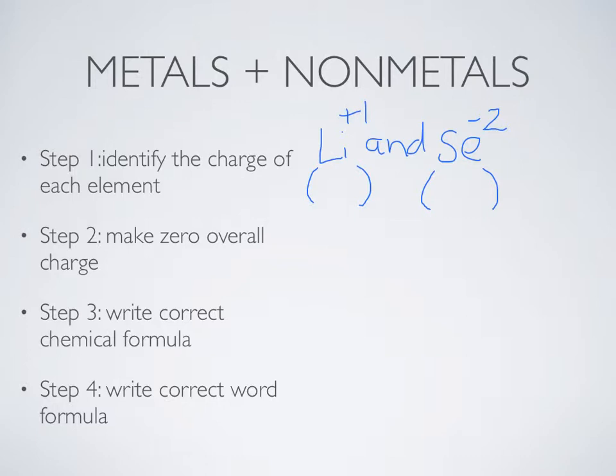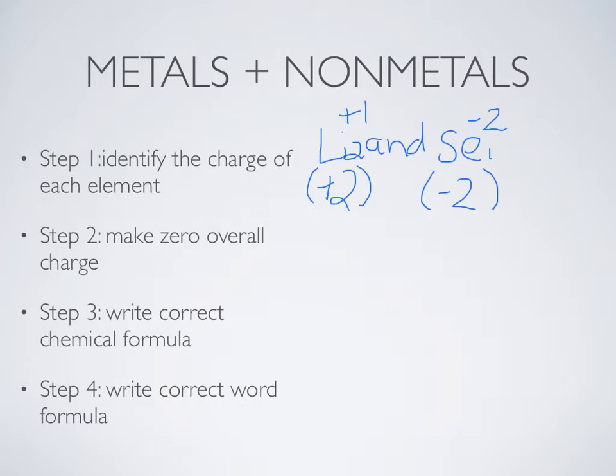How would I make 0? Well, I need -2 and +2. But since I only have 1 lithium, I really need 2. Because 2 times 1 is 2. And 2 times 1 over here would be -2. So that's how I make my 0 charge overall.